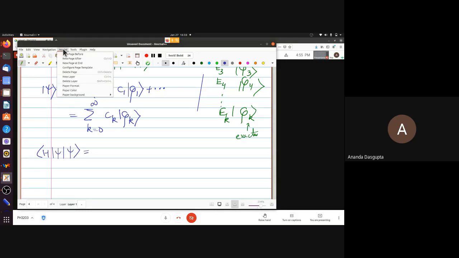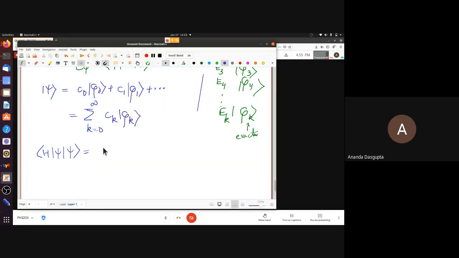And then if you calculate the expectation value of H in psi, I think it will be easier to see if I made the paper background plain. Okay, sorry. What did I write? I wrote something completely senseless. This is what I really wanted to calculate. That's the sum over k, ck star, phi k bra. That's the bra psi.